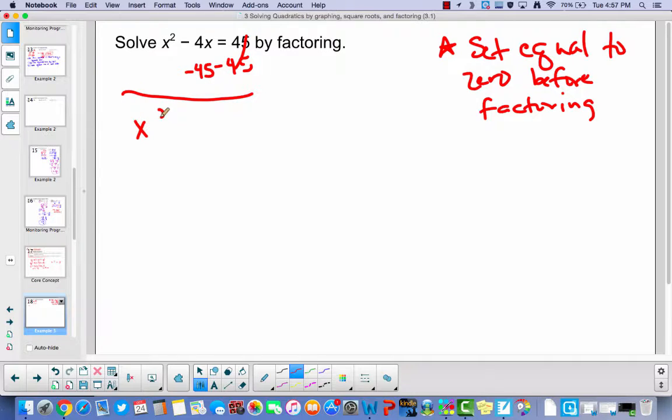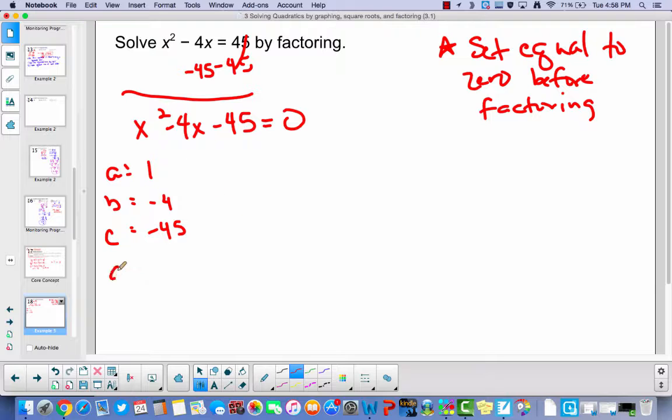It's going to give me x squared minus 4x minus 45 equals 0. Now this is what we dealt with yesterday. So we're going to identify our A, our B, and our C. A is 1, B is negative 4, C is negative 45.